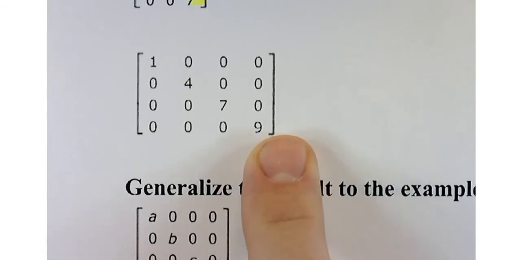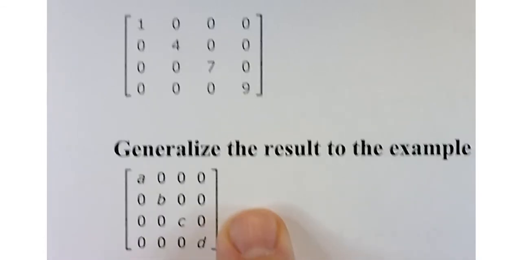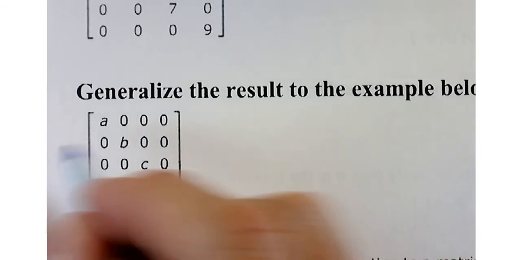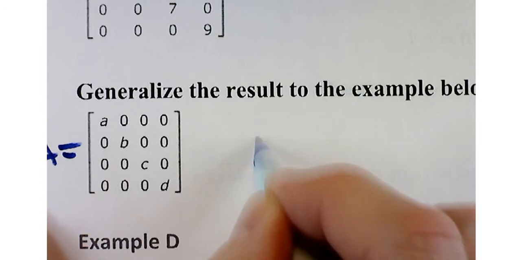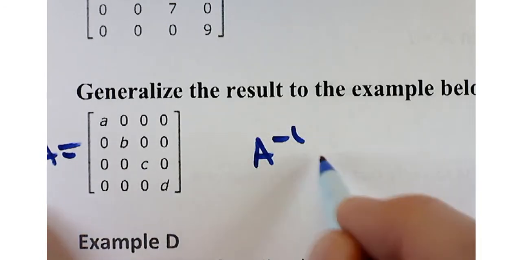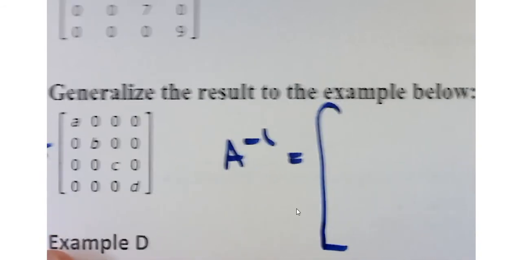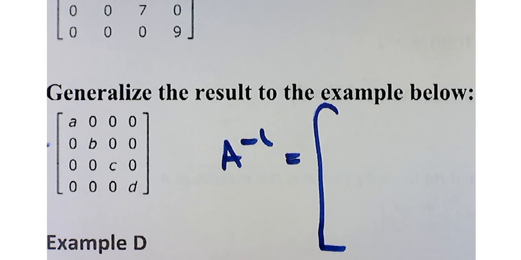So we calculated the inverse of this matrix. Can you generalize the result to this kind of matrix? If this is A, what is A inverse going to look like? Did anyone catch that? Take a look back at our last example.